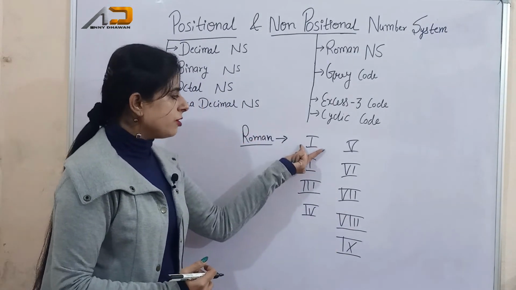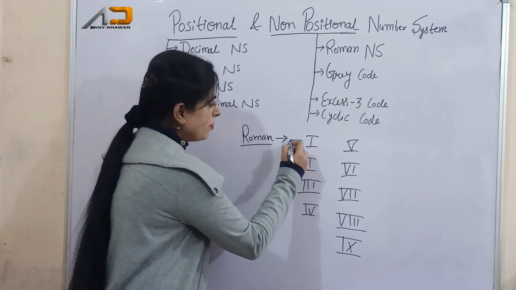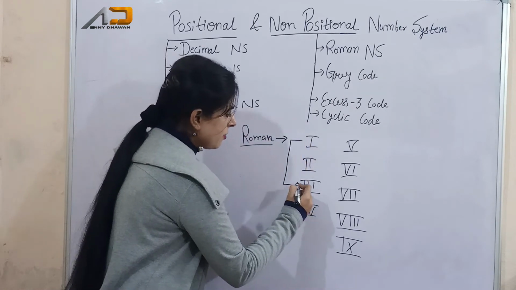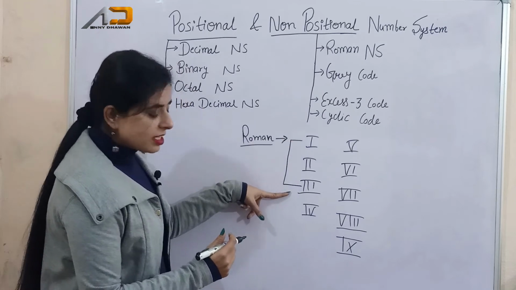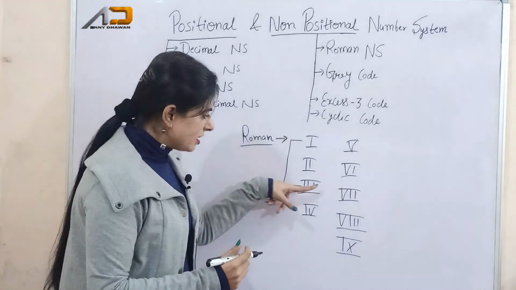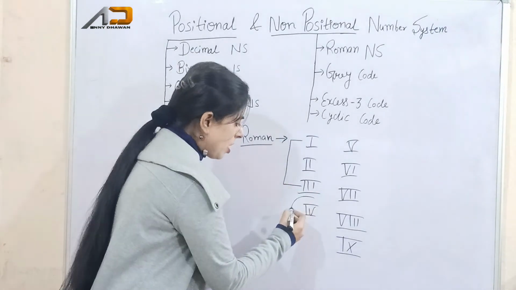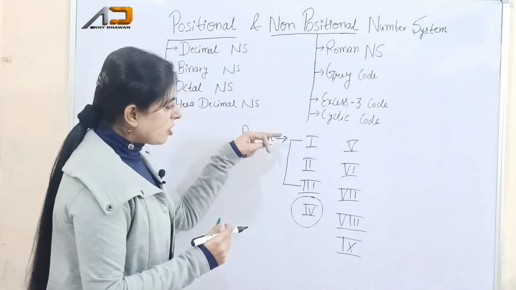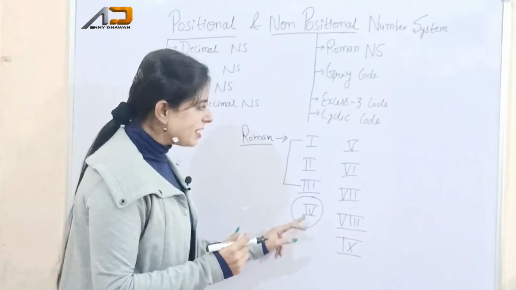Now let's observe these numbers. If I start from this number and move downward, then we will be able to find some common pattern till this number. But what about this number? The common pattern stops here.